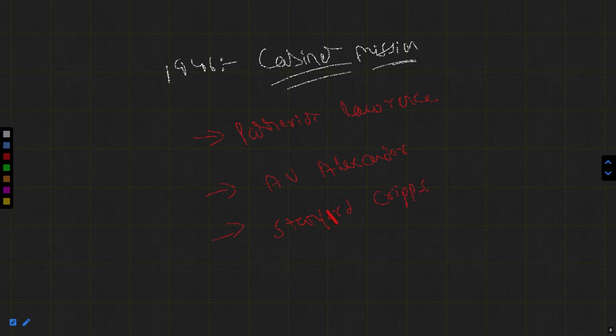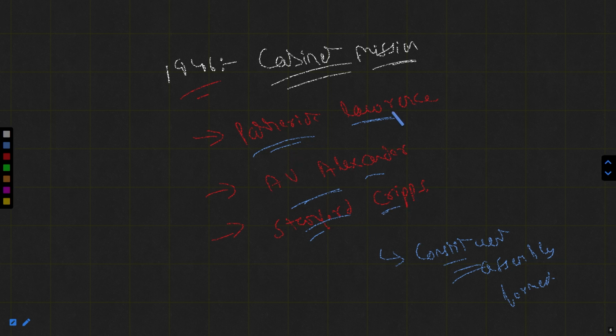These three were cabinet members of the British Parliament. They came to India in 1946 under the Cabinet Mission, and thereafter the Constituent Assembly was formed. Please remember, in 1946 the Constituent Assembly was formed by the Cabinet Mission through their three cabinet members.